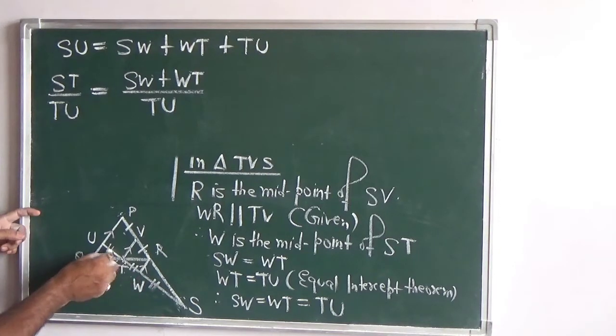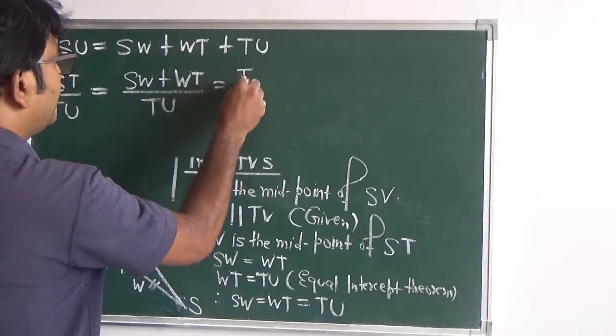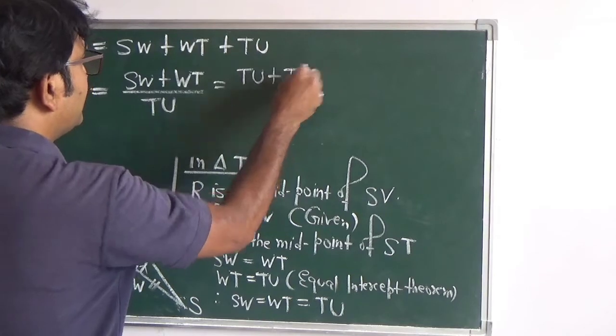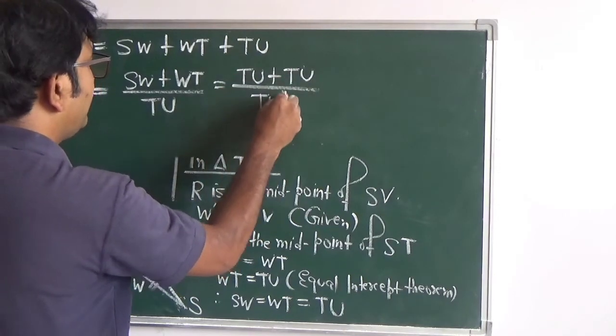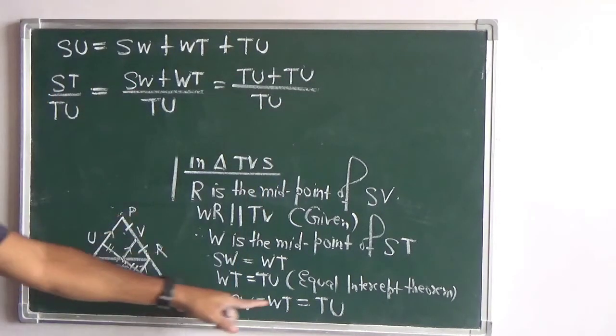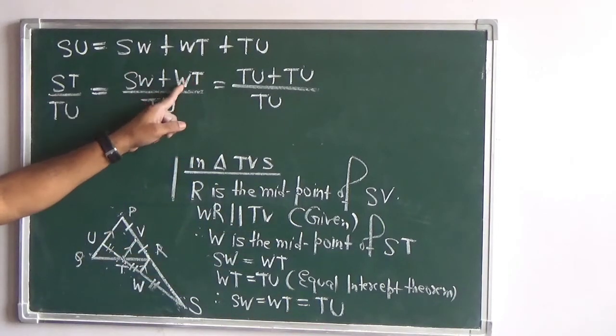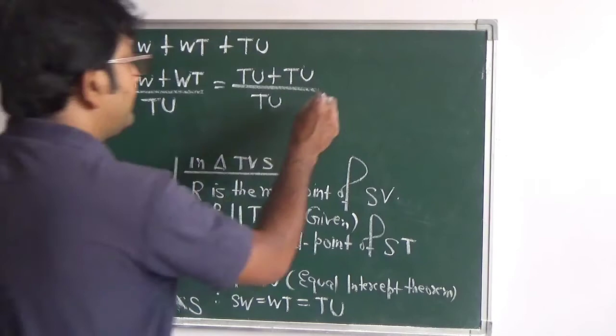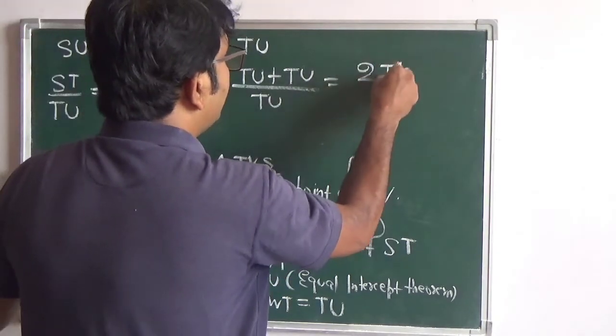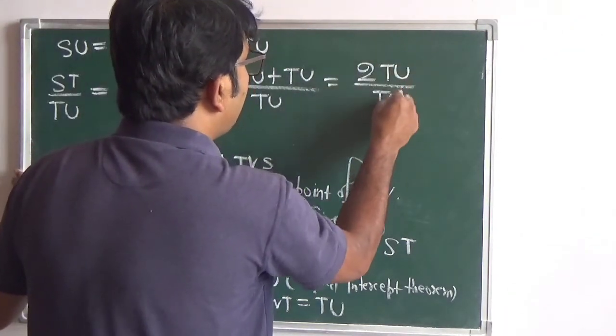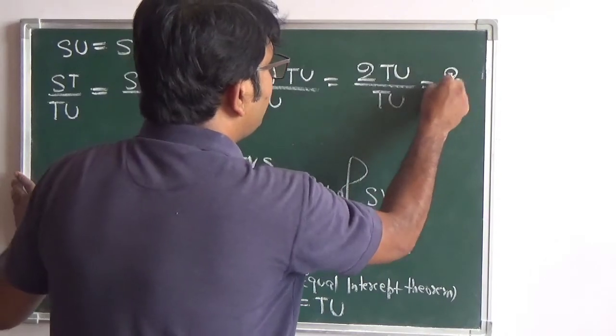All three are equal, so you can write TU plus TU by TU. SW is equal to TU and WT is also equal to TU. So in place of SW and WT, write TU plus TU. So we have twice TU by TU, TU cancels, we have 2 by 1.